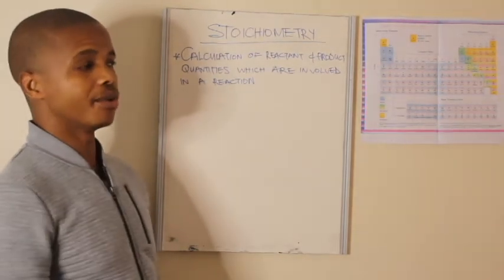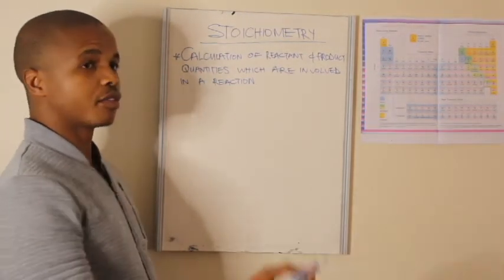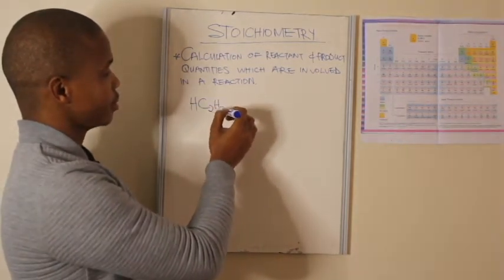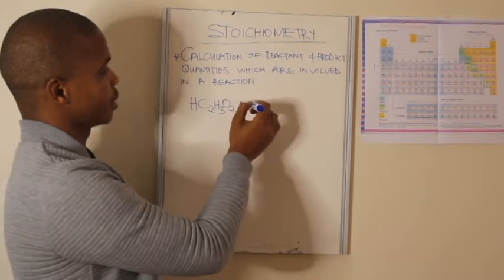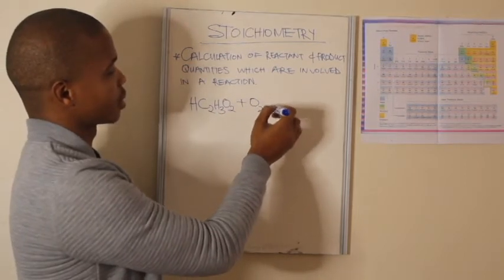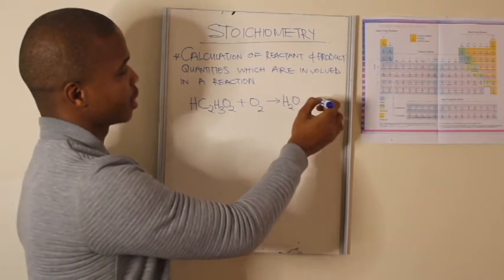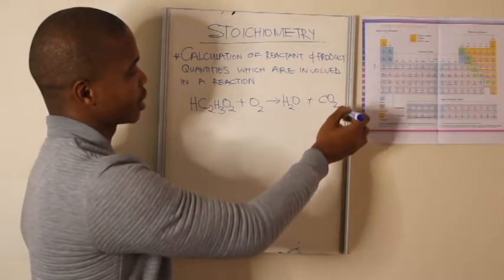What we know is that if you burn acetic acid in oxygen, you get water and carbon dioxide.